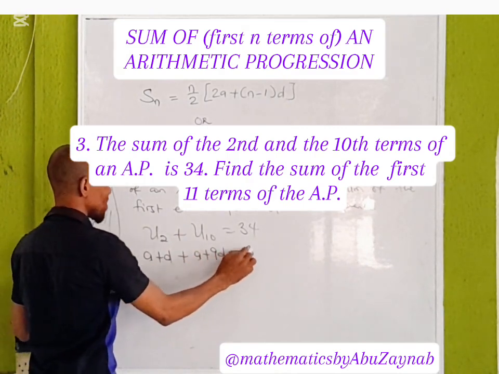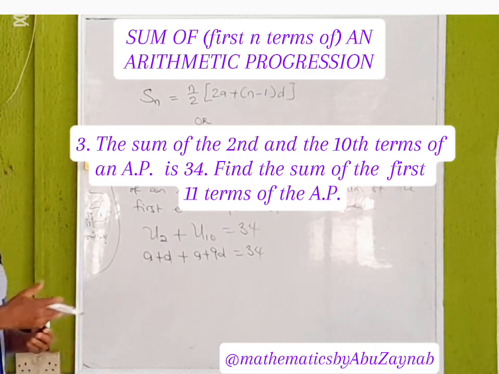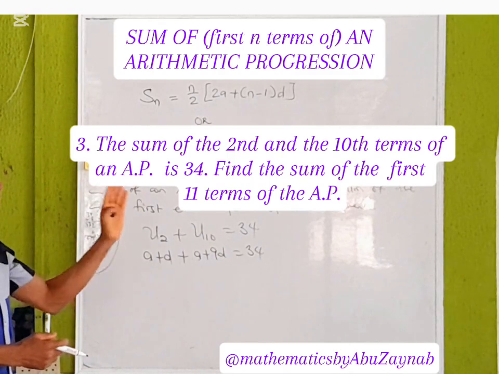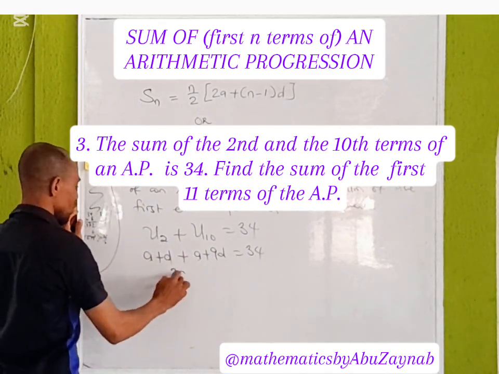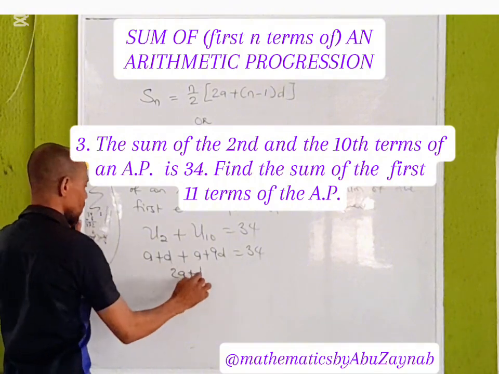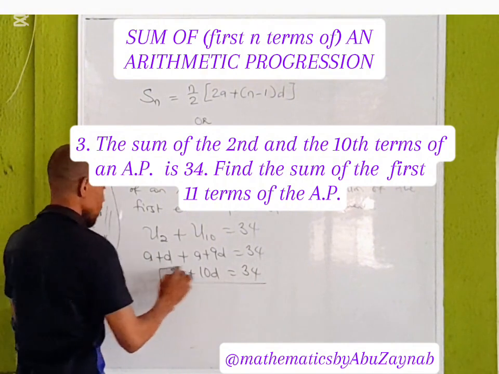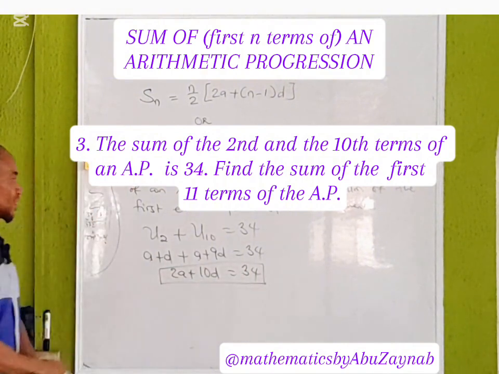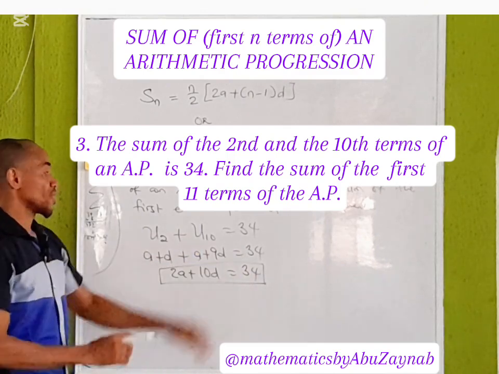In this case, you're not necessarily using the formula for the sum of an AP, because they didn't say sum the first; they just said second and 10th. So here we have a plus a, 2a, and d plus 9d, 10d, equal to 34. That is what you can derive from that statement.